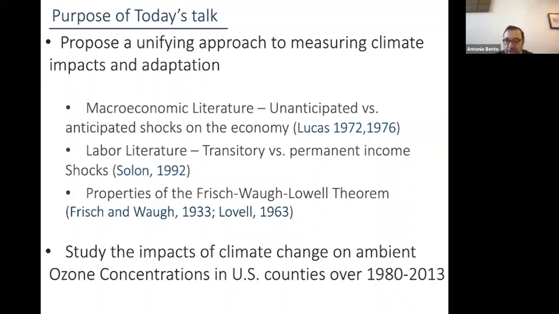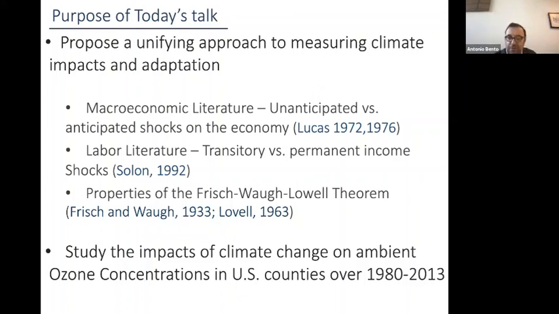The first one from macro, really inspired by the work of Robert Lucas, has pointed to this idea of separating unintended shocks from expected long-term trends on the economy. The exact same point was actually made in the labor economics literature by Solon in his famous 92 paper, where he looks at transitory versus permanent shocks in income.